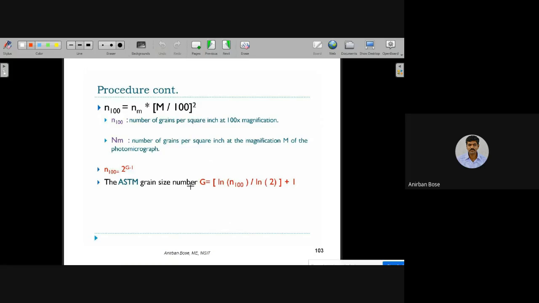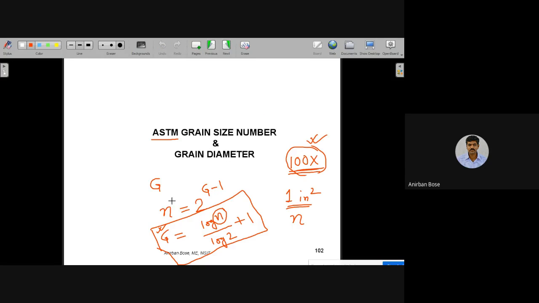Now instead of 100 magnification, suppose the magnification is 400 in a microscope. In that case, the first thing is that you have to convert it into the number of grains at 100 magnification. That is very important, because the definition is that n is observed under 100 magnification. If you observe at some other magnification, what is the conversion factor?